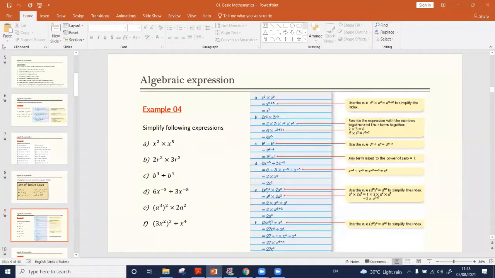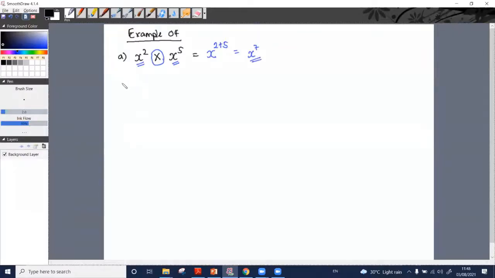Second one, part B. 2r squared into 3r to the power 3. Now, what should be the answer here? 2 into 3, that is 6. Now look at the variable, that is r. The base value is the same, and there is this multiplication.